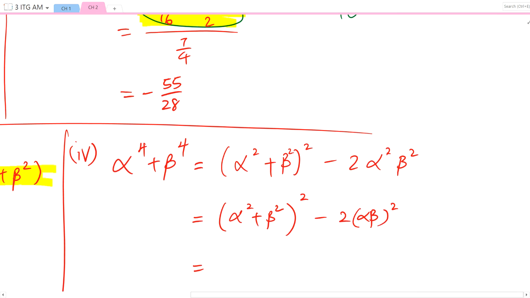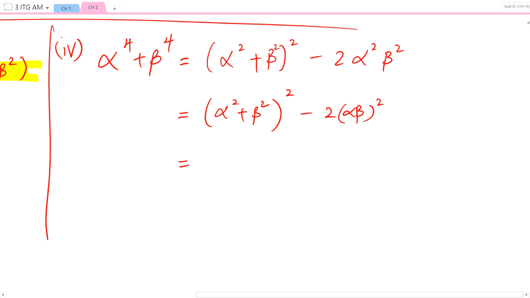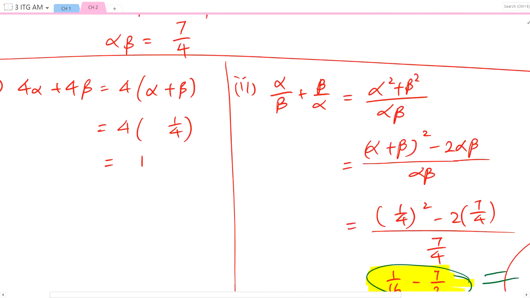Alpha square plus beta square was found earlier on, that is negative 55 over 16. Alpha beta is 7 over 4.